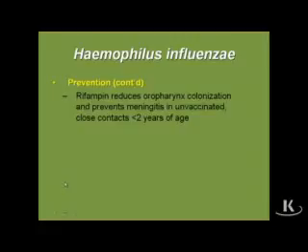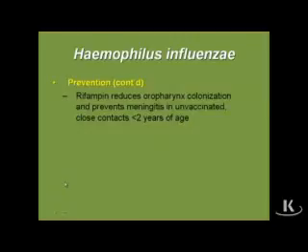The last thing I want to mention about prevention is that you can use rifampin, like we talked about for Neisseria meningitidis, to reduce colonization, especially if we're talking about contact with unvaccinated children. This is another thing, in addition to the vaccine, in order to reduce the spread of Haemophilus influenzae.